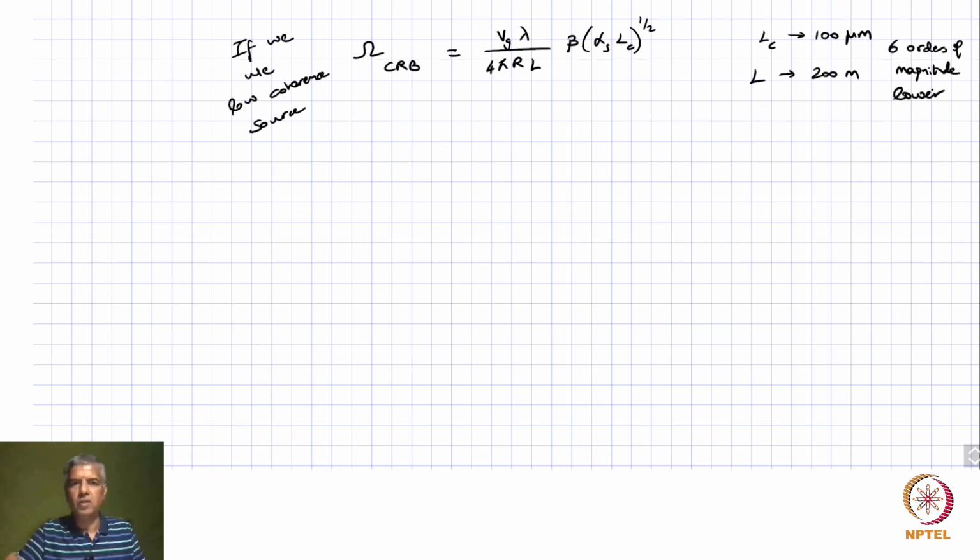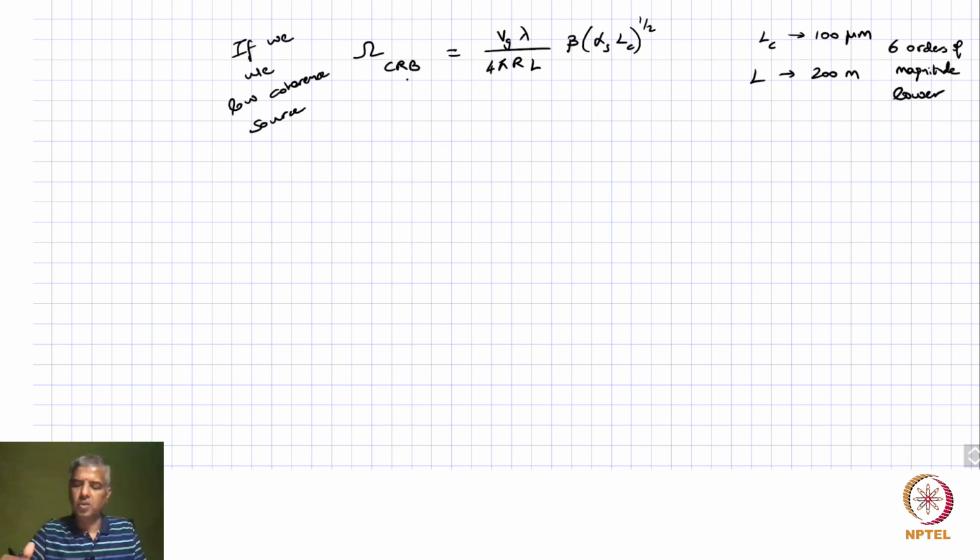And because of that, if you plug that back into this omega CRB, you will be able to get to something much more comfortable. It will be in the order of a fraction of a degree per hour.